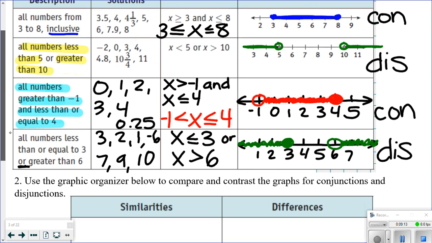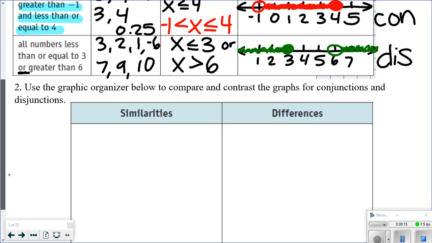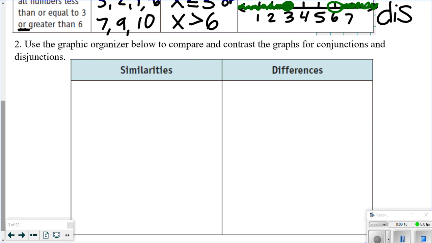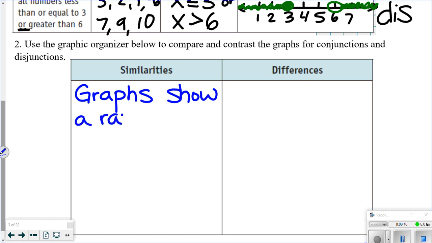So go ahead and fill in what you can notice about similarities and differences for question 2. A similarity is we have graphs or number lines, and they show a range of numbers or answers on the number line.